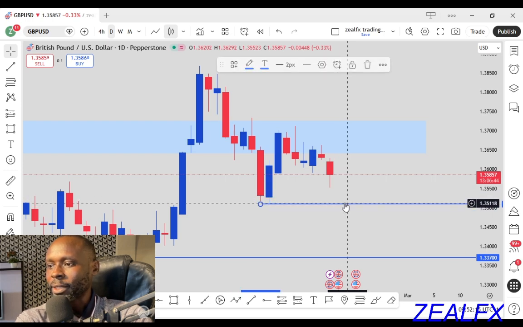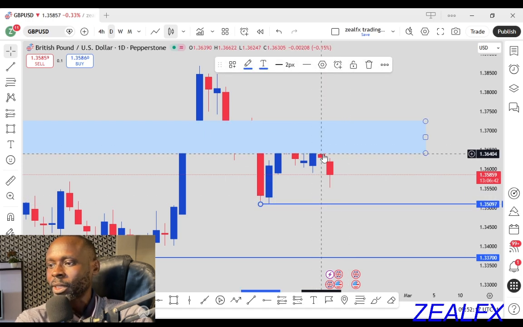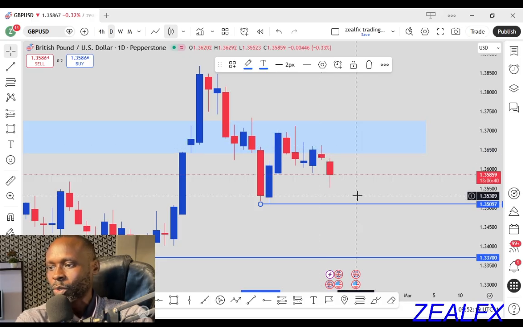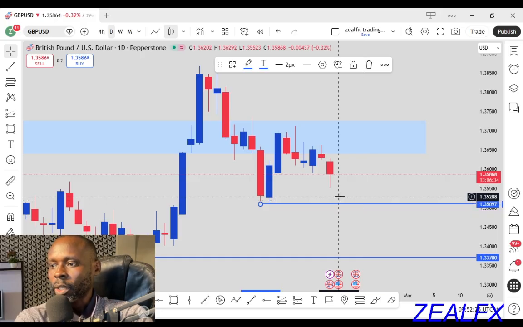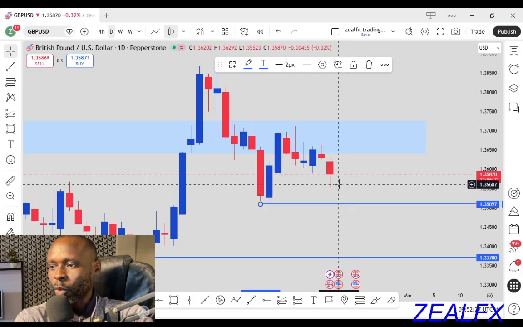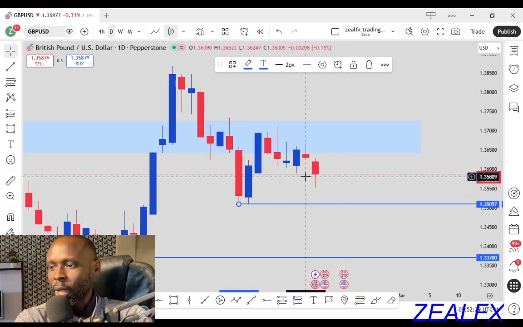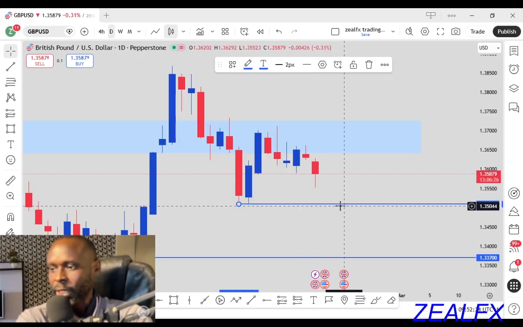So long as price closes on this resistance level, this is an indication of price reversal to this level. So our job for now is to wait for price to close below this support level, and once price closes below this support level, this confirms price to this next daily support level.